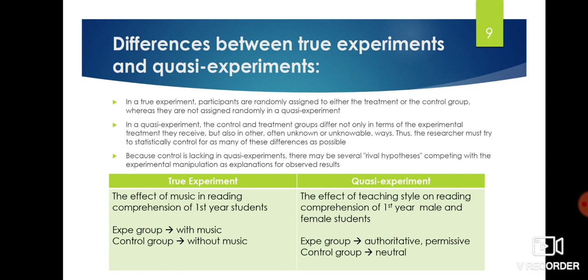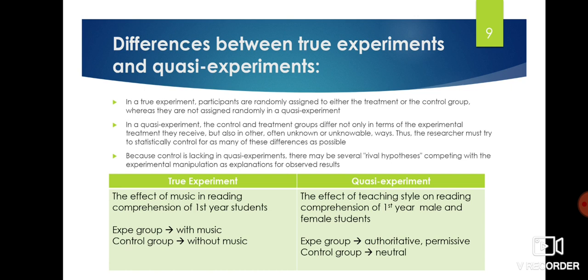Yung permissive, hindi mo pwedeng ilagay sa authoritative because they have their own pre-existing characteristics. And also sa quasi-experiment class, another example is yung gender. For example, the effect of gender in reading comprehension. Hindi mo pwedeng i-assign yung babae dun sa lalaki or yung lalaki dun sa babae. So, wala kang 100% freedom or liberty to assign them in treatment condition. So, yun yung pinakamalinaw na pagkakaiba.